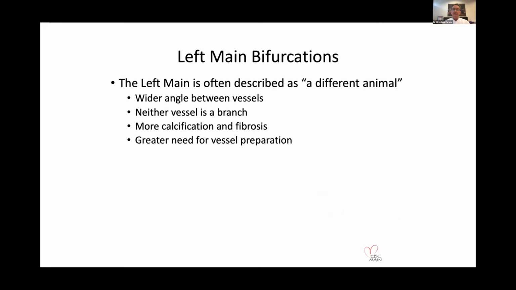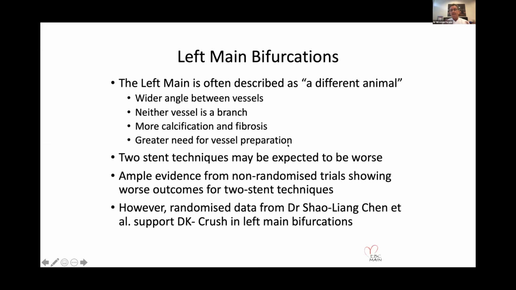And left main bifurcation lesions are a bit different. We have to manage large vessel diameters. We have a larger, wider bifurcation angle, and so the hypothesis was that a two-stent approach would be expected to be worse compared to single stenting.